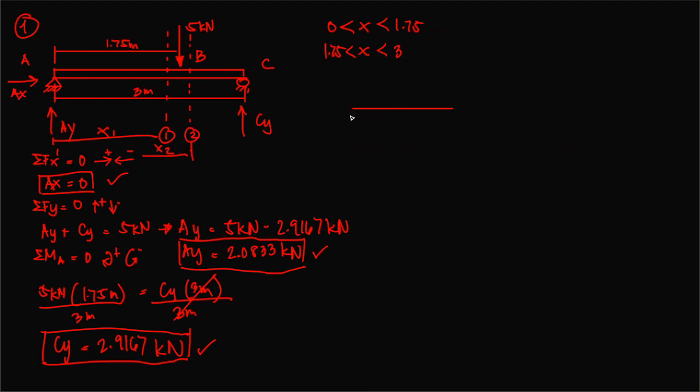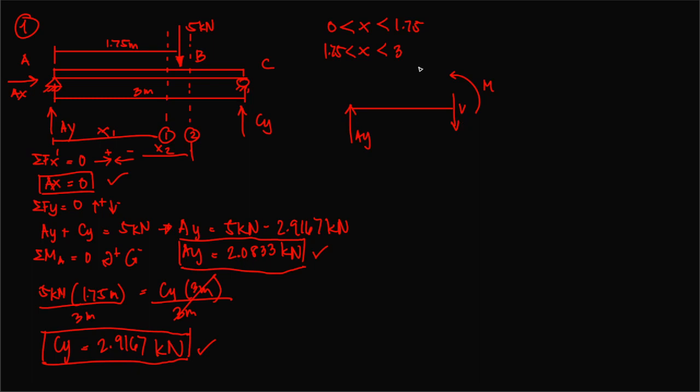So first things first, we have to put Ay here, and then there would be a constant shear going downwards and a moment force going counterclockwise.